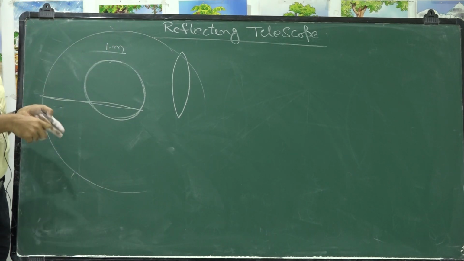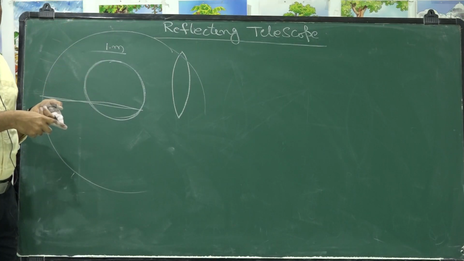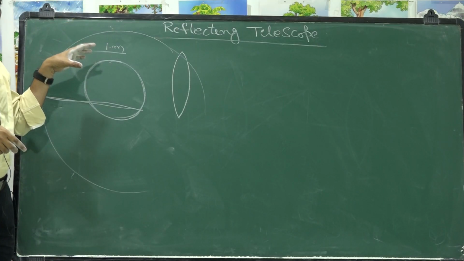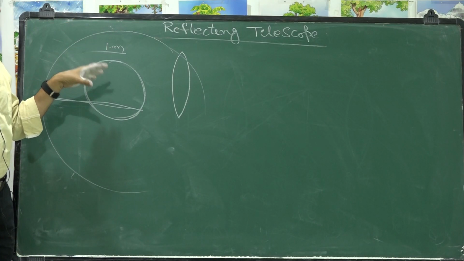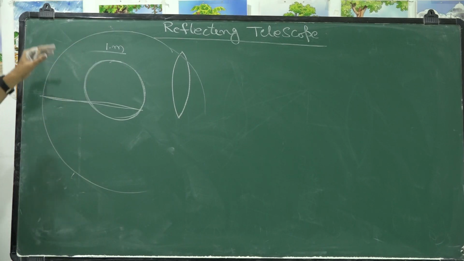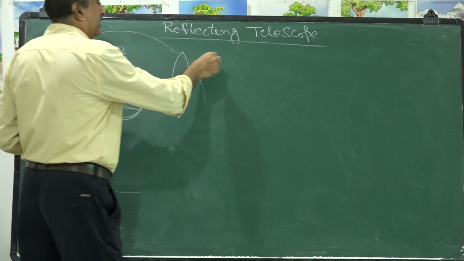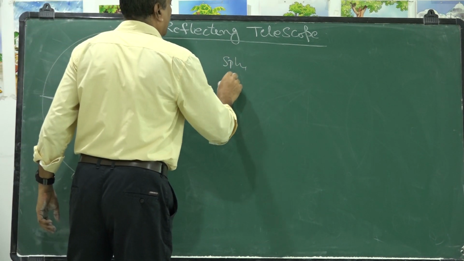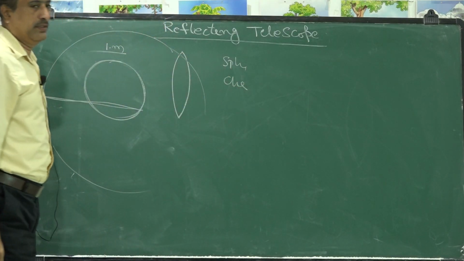So in order to hold this large lens, it is very difficult to hold it mechanically. Another one is that the image formed by a single lens is defective, and those 2 defects are spherical aberration and chromatic aberration.